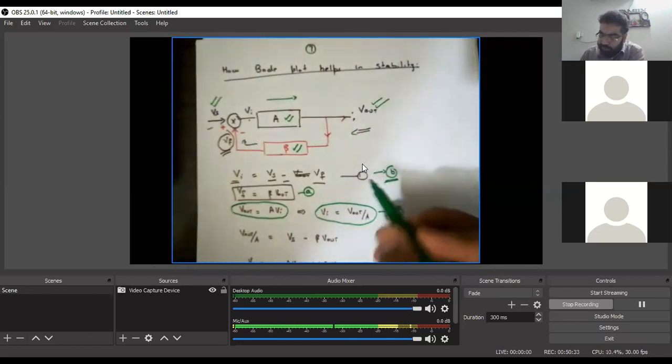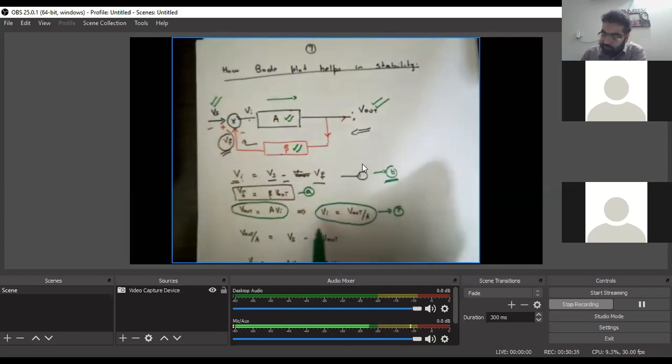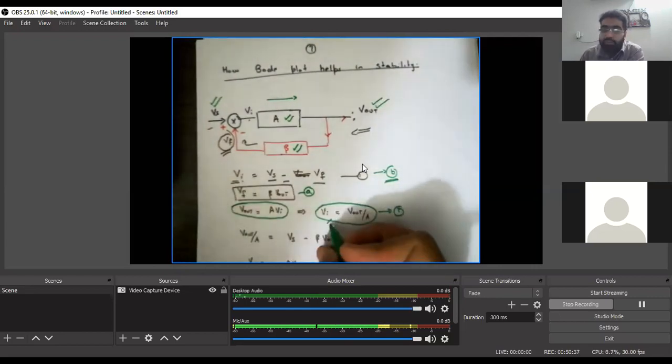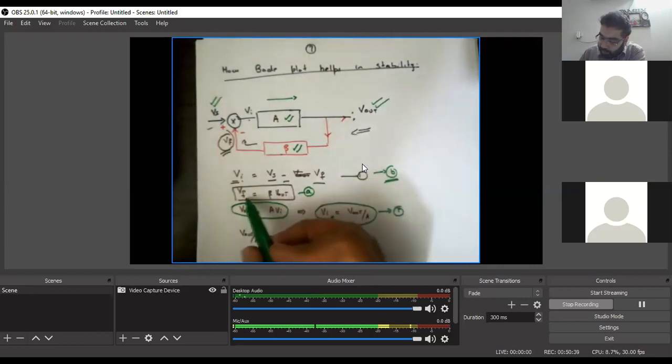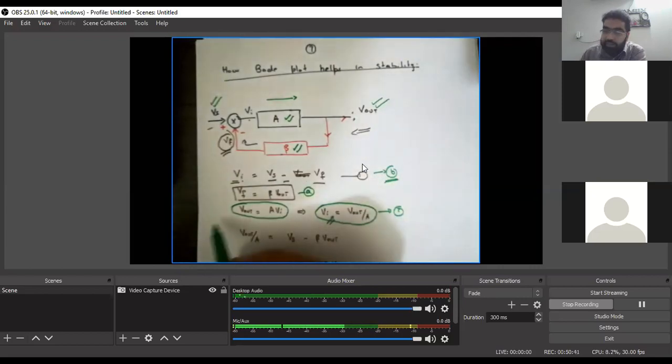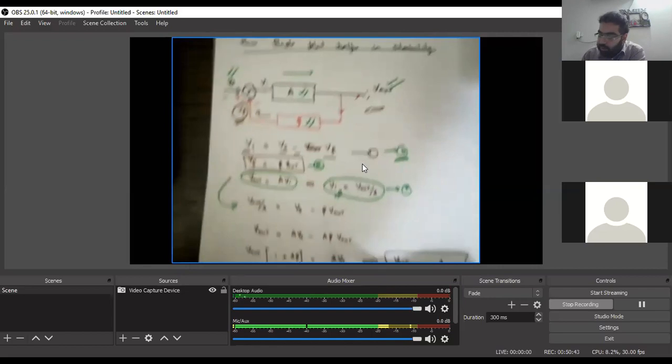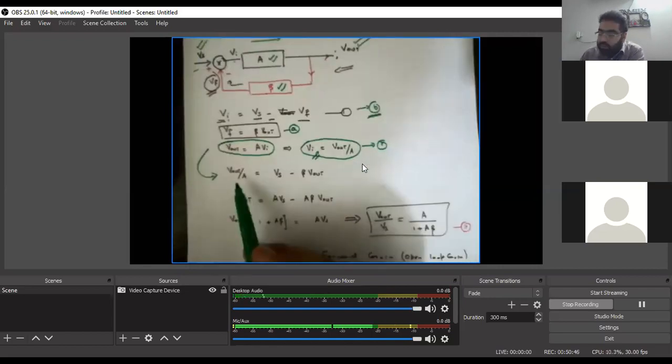Okay. So what we are going to do in the equations, which are written as A and B, is replace Vi with this relation, also Vf with this corresponding relation. So if we plug in these things here, V out by A is equal to Vs minus V out times beta.